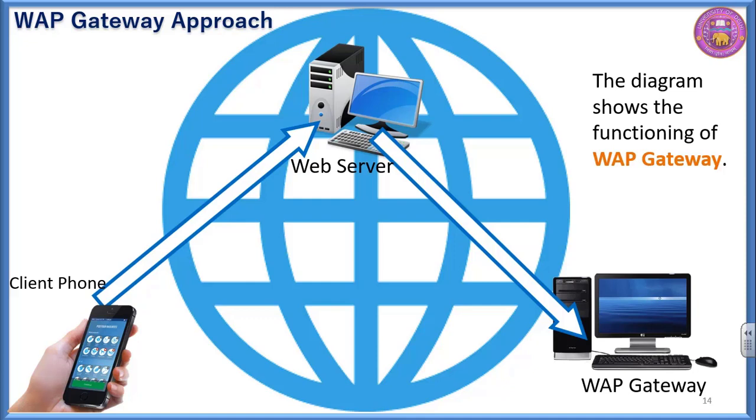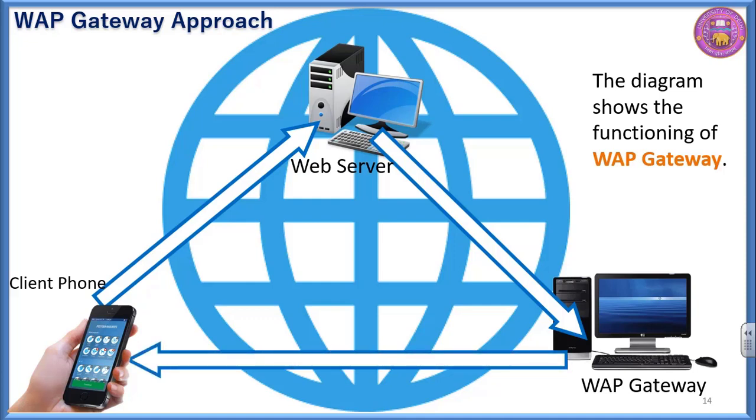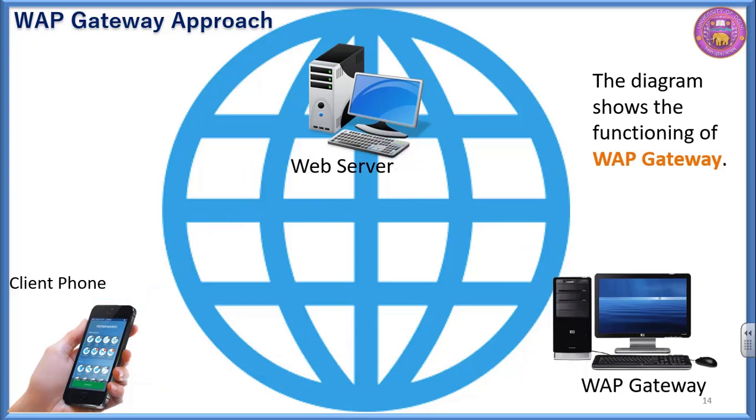Now the HTML written pages come to WAP gateway, but the HTML written pages are not understandable by the client phone. So what the WAP gateway does, it will convert HTML written pages into wireless markup language, and this wireless markup language is directly understood by client phone. So from the client phone, once again, request goes to web server. In the web server, there is website.